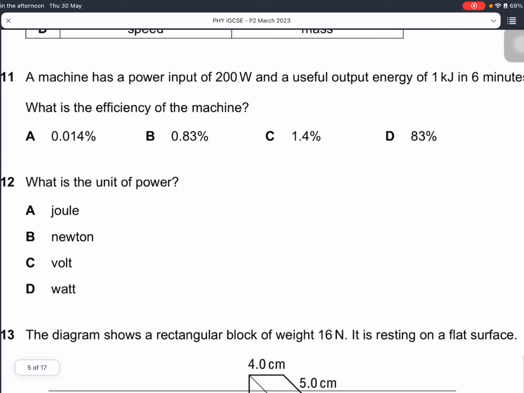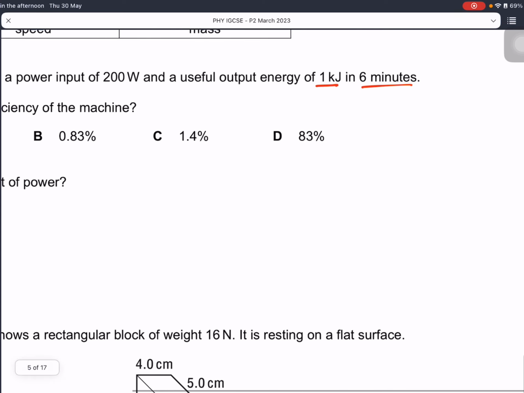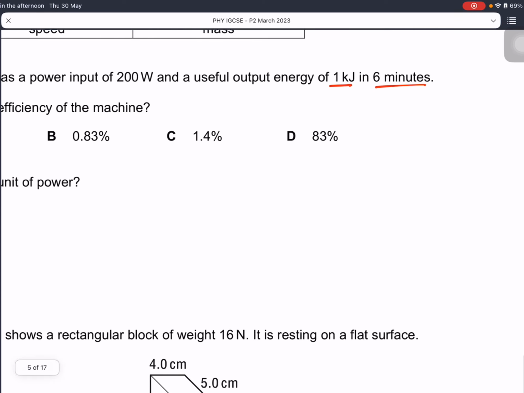Question 11. A machine has a power input of 200 watts and a useful output of energy of 1 kilojoule in 6 minutes. What is the efficiency of the machine? Well, when we talk about efficiency, guys, we have to compare initial and final, simply input and output. So we know the power input to be 200 watts.